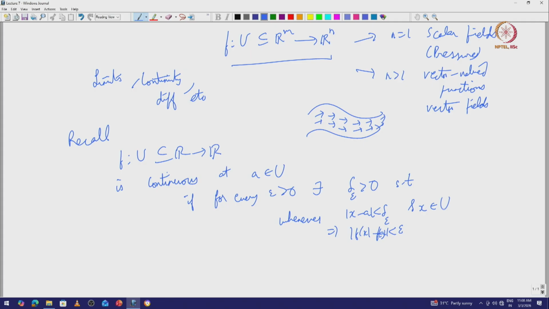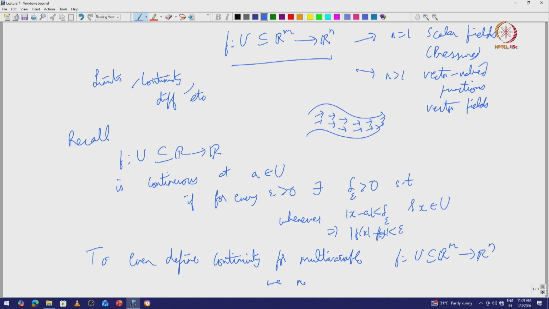So to even define this concept of continuity for multivariable functions of the type I mentioned, we need to be able to measure distances.